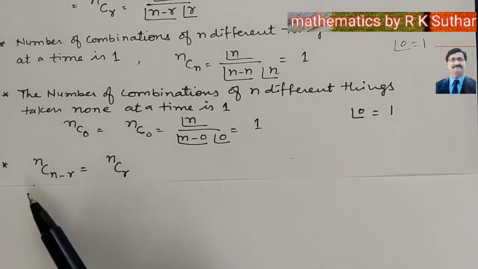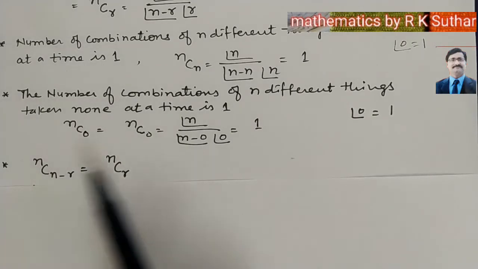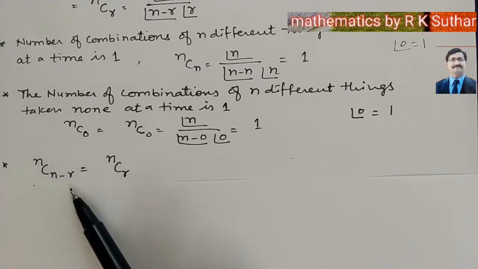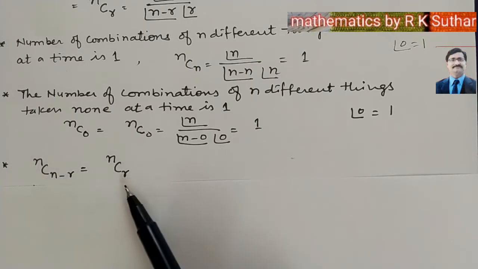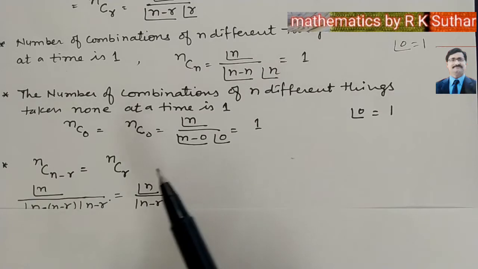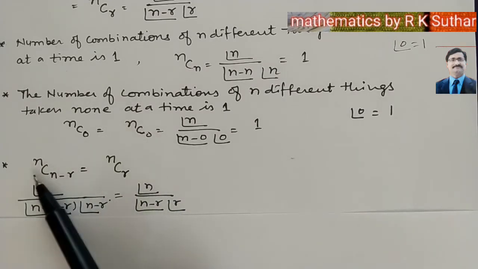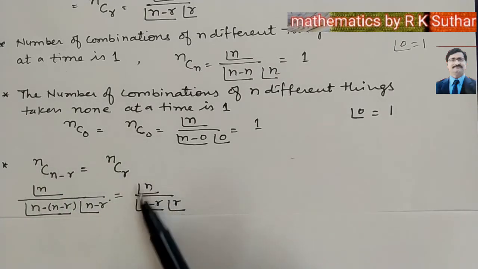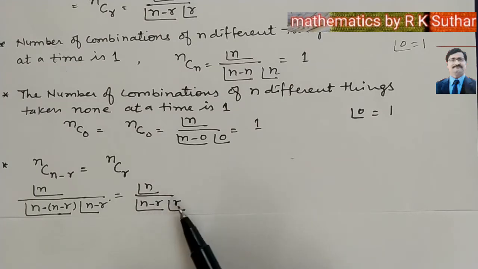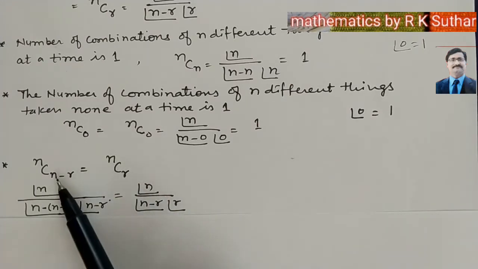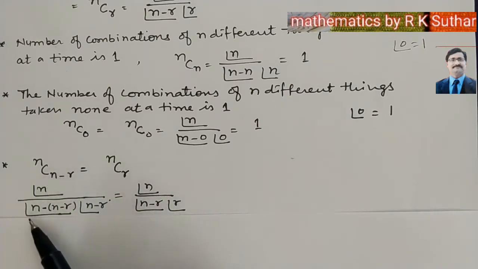Look here, there is a formula: nC(n minus r) will also be equal to nCr. How is it equal? If we open it by the formula, the nCr formula is factorial n upon factorial n minus r and factorial r. Here in place of r we have n minus r, so we write factorial n upon factorial of bracket n minus (n minus r) and factorial n minus r.